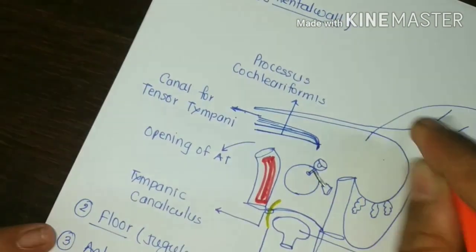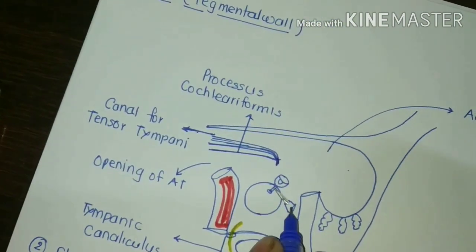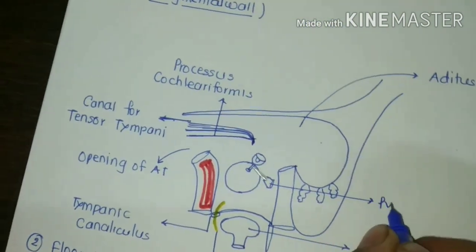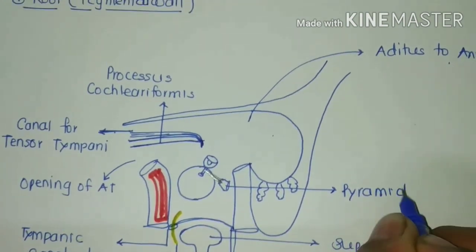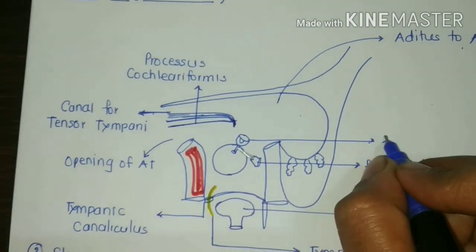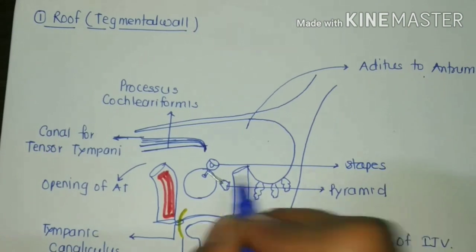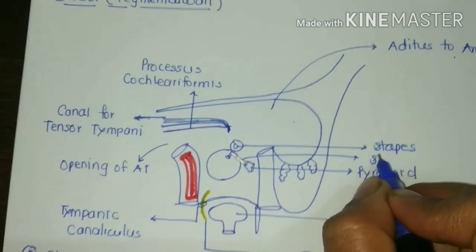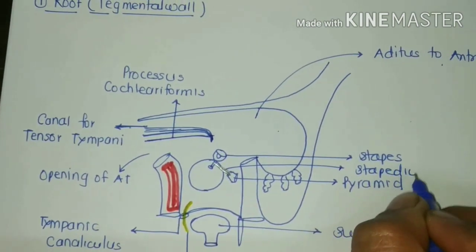So this is the stapedius muscle. This is a conical projection called the pyramid. This is the stapes bone and this is the stapedius muscle. Clear?